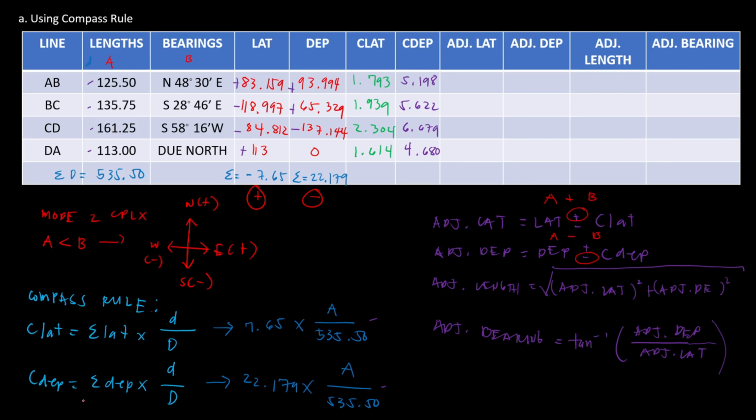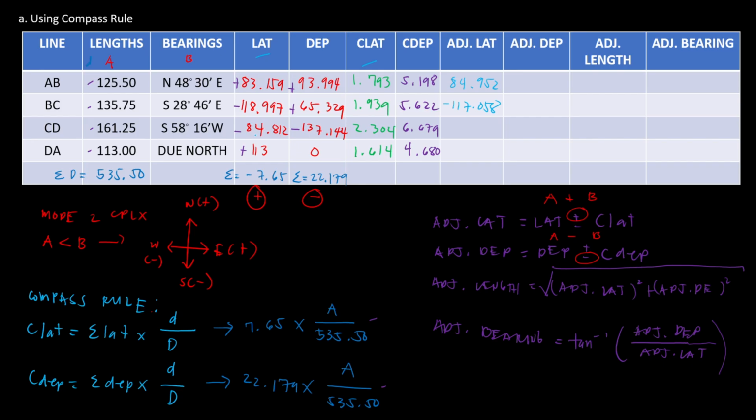So dito, adjusted latitude muna tayo. Makuha natin dyan, latitude plus C lat. So 83.159 plus 1.793. Makuha natin adjusted latitude dyan is 84.952. And then next, negative 118.997 plus 1.939. Makuha natin dyan is negative 117.058.